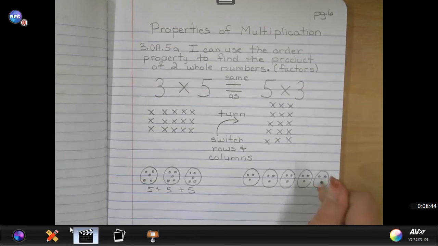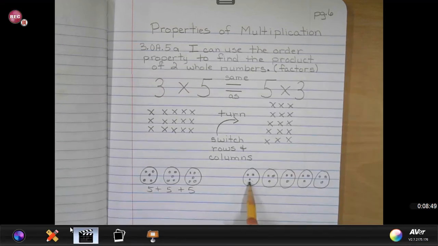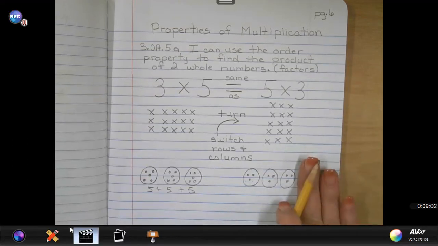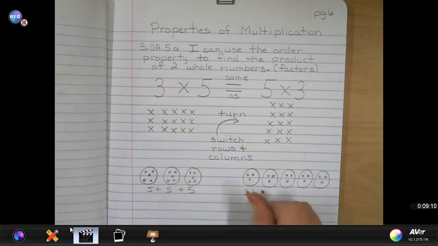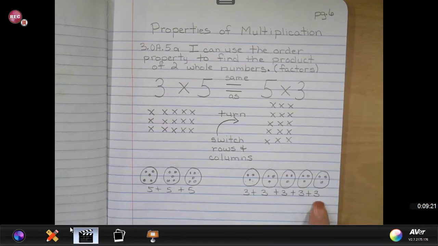Really and truly, there's still 15 in here, because if I were to take 1 from here and put it in here, there's 2 more here. I would be able to rearrange these and make 5 in each one of these groups, but I would take away 2 of the groups because then I could have 2 empty groups. So we still have 15. It's 3 plus 3 is 6, plus 3 is 9, plus 3 more is 12, plus 3 more is 15.